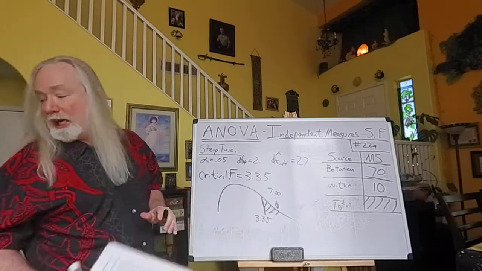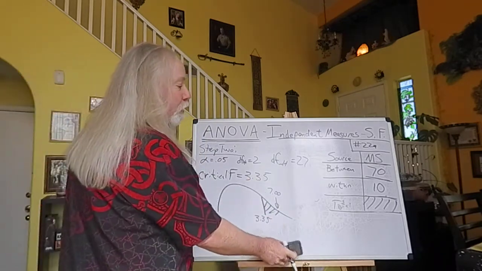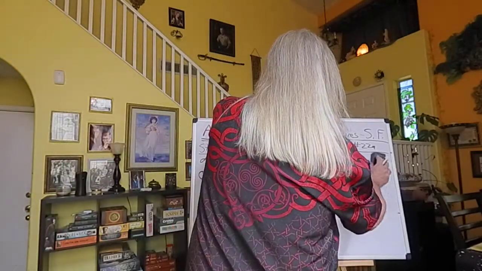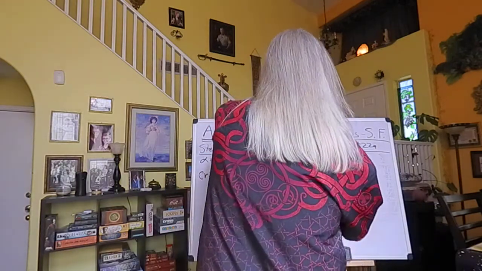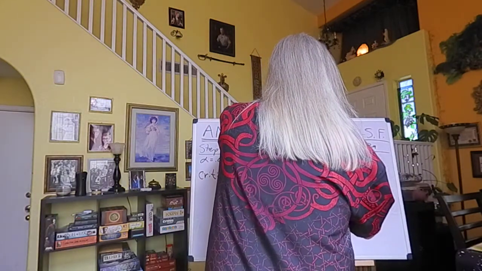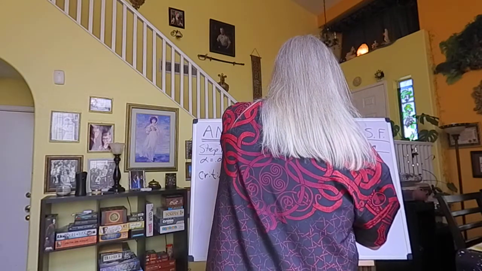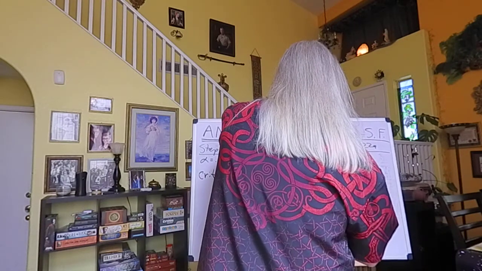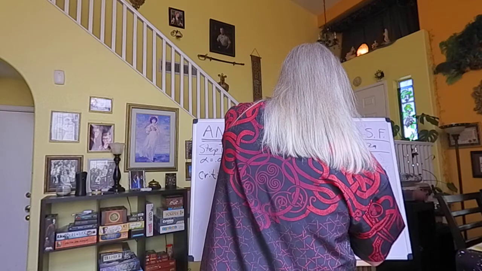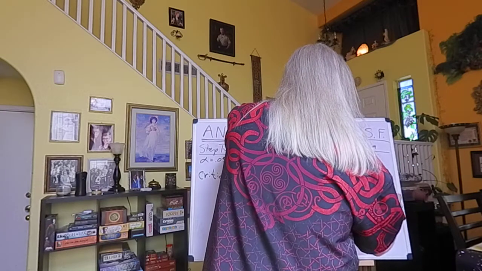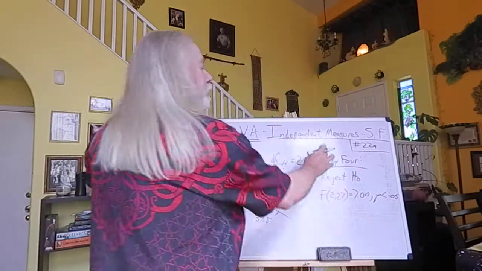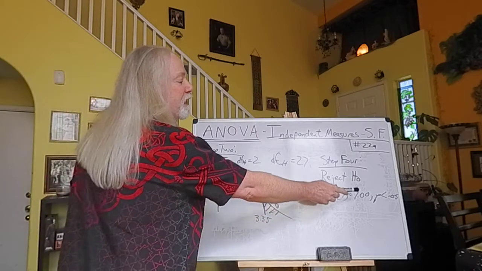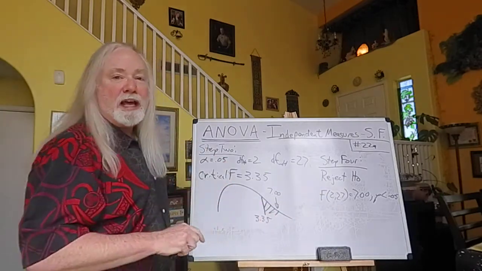So we are now in the shaded region, which means that for step 4, our decision is going to be to reject the null hypothesis. So the decision is to reject the null hypothesis, and if we needed to report that in APA, an F of 2 and 27 equals 7.00, semicolon P less than 0.05.